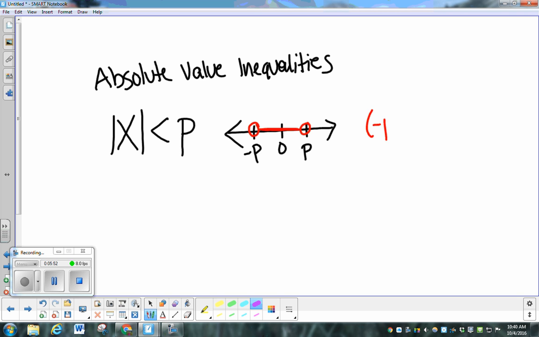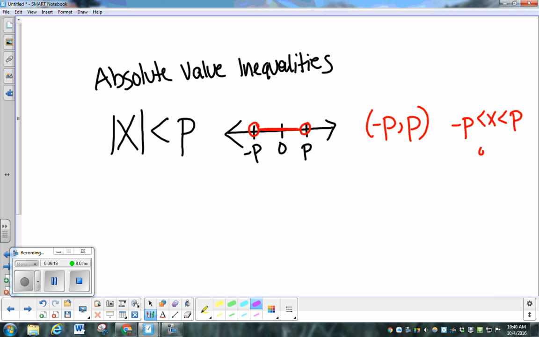We go from negative P up to whatever P is. And then to write our actual solution, you can write it in one of two ways. You can say X is greater than negative P and less than P.